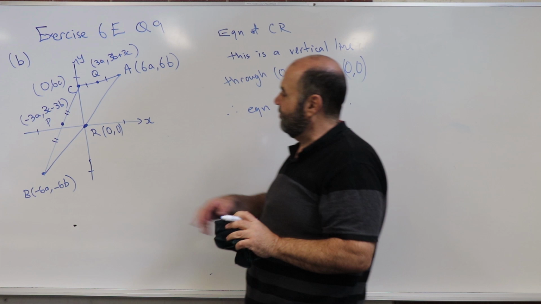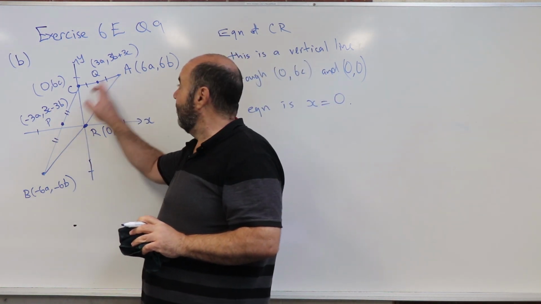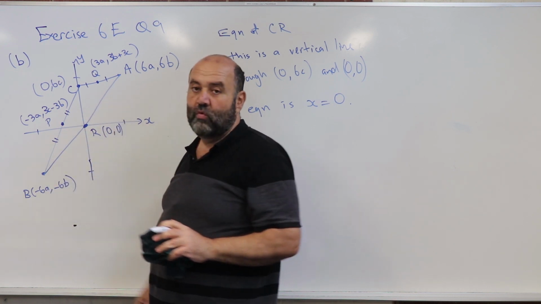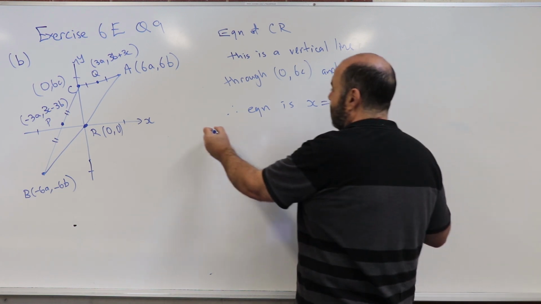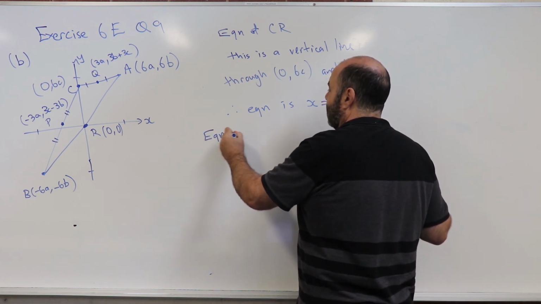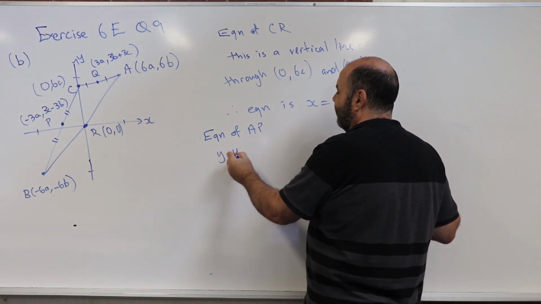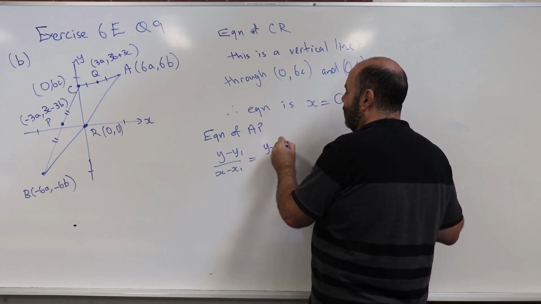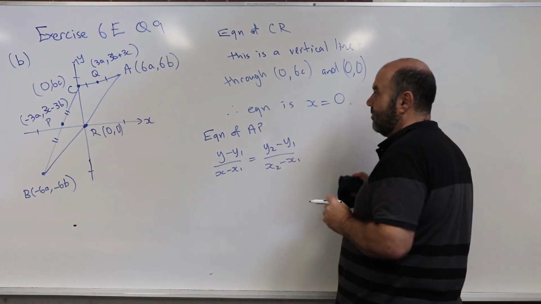Okay, so in other words, now I need to find the equation of AP, and then I need to find the equation of BQ. So I'll do them in that order. For the equation of AP, I'm going to use (y minus y1) over (x minus x1) is (y2 minus y1) over (x2 minus x1).